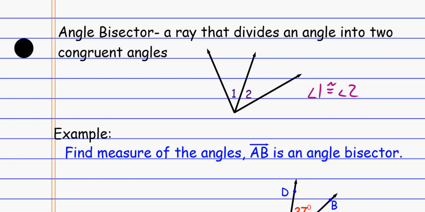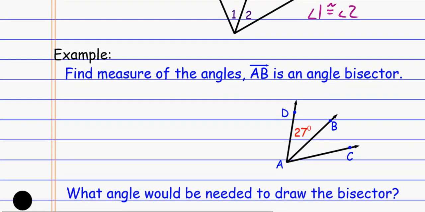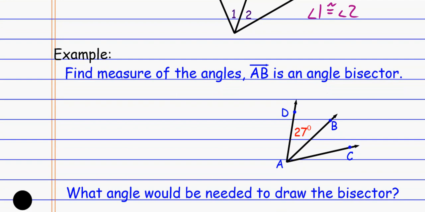Okay? For example, if I look at this, it says find the measure of the angles. It says AB is an angle bisector. So now if I know that AB is an angle bisector, it means it splits the angle into two equal or congruent pieces. If this piece right here is a 27-degree angle, and AB is an angle bisector, splitting this into two congruent pieces, it means this piece has to be identical to that.